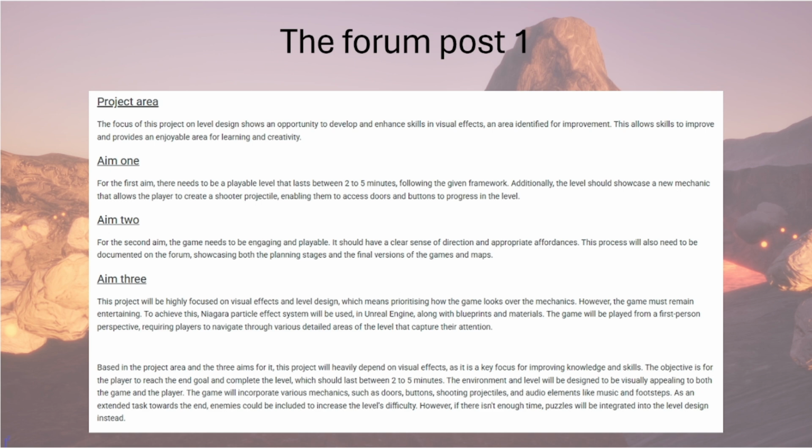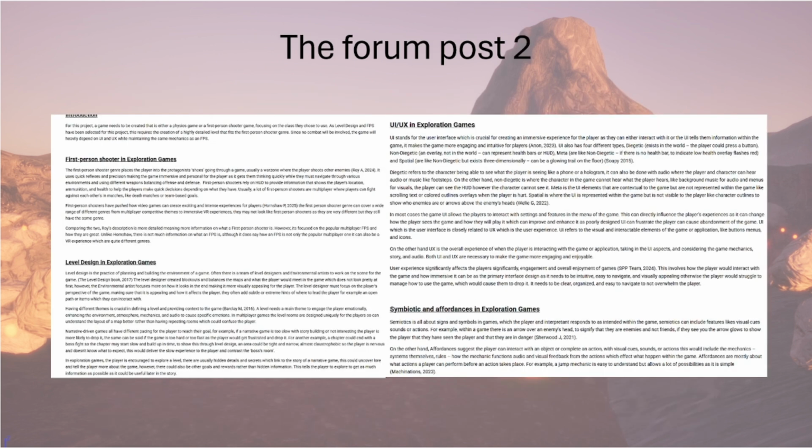For my forum post 2, I had to write a literature review, and this is where I look at secondary research in what I want to include in my game.